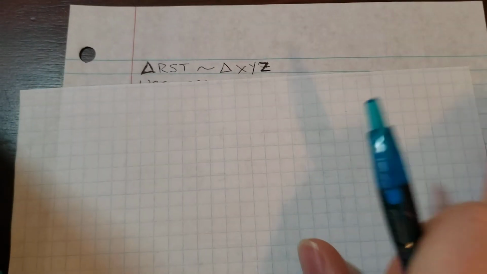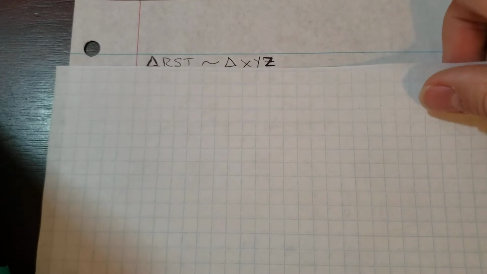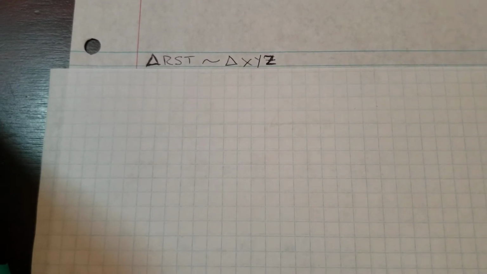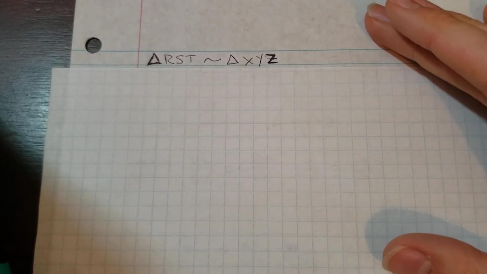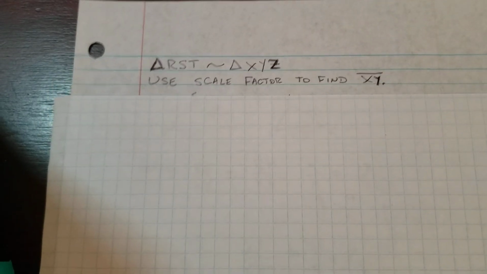All right. I've got just one more example. With this one right out of the gate, we're told that these two triangles are similar. Again, I've got a picture in just a second. We're told that they're similar, so we're going to use our scale factor, right?